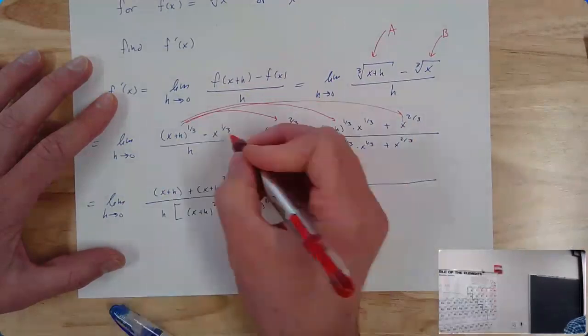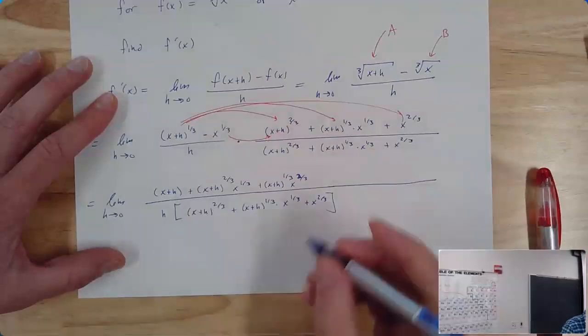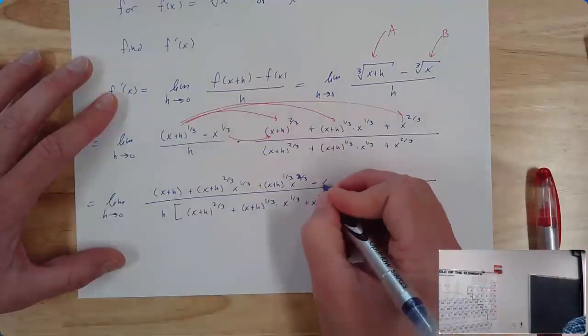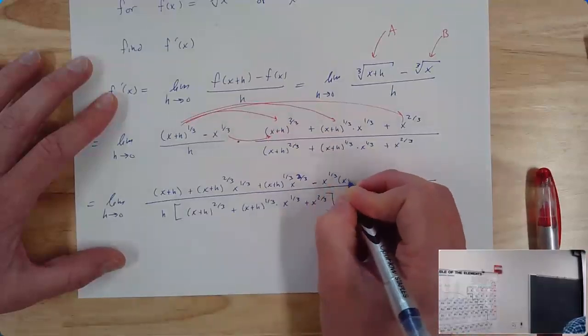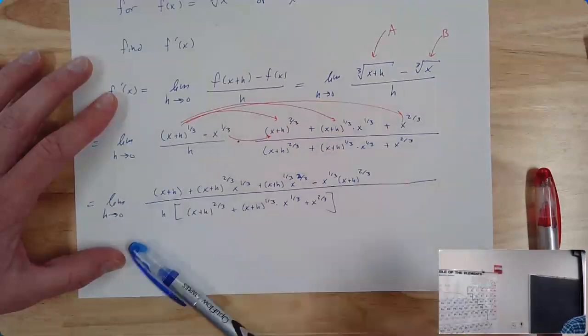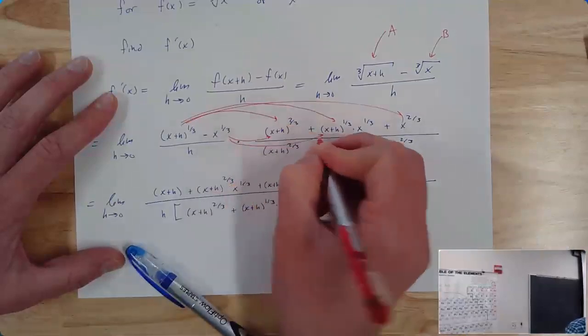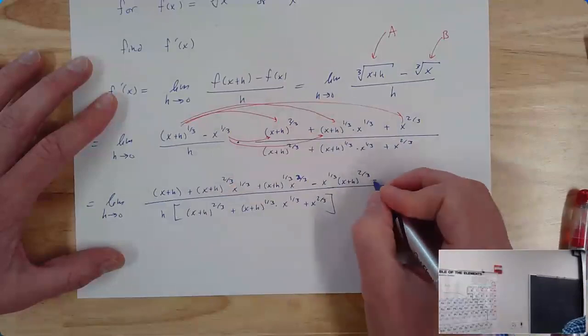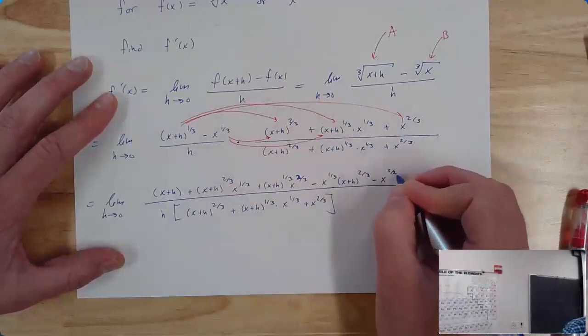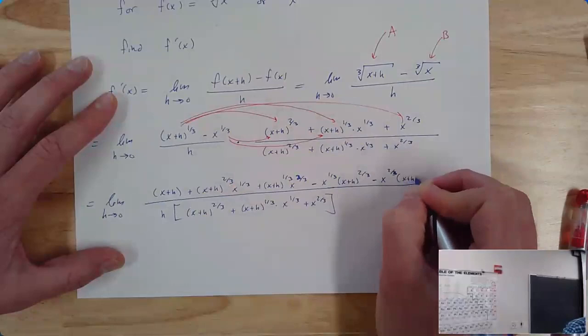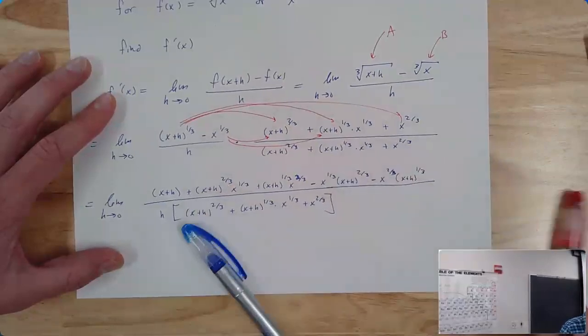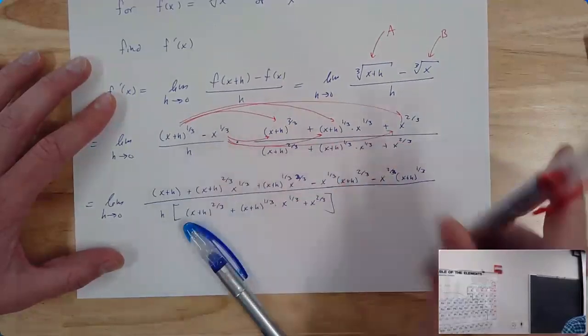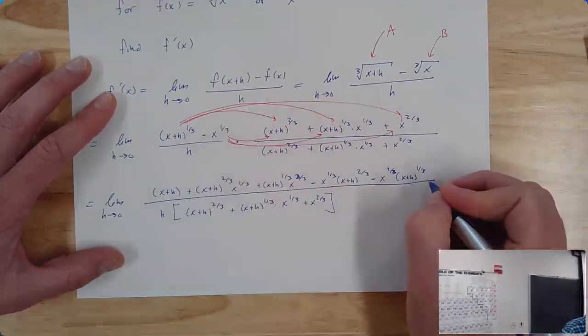And then we do the other ones. This times this, you're going to get minus x to the 1/3 times x plus h to the 2/3. And then minus x to the 2/3 times x plus h to the 1/3. And finally, minus x to the 1/3 times x to the 2/3 is just x to the 3/3.